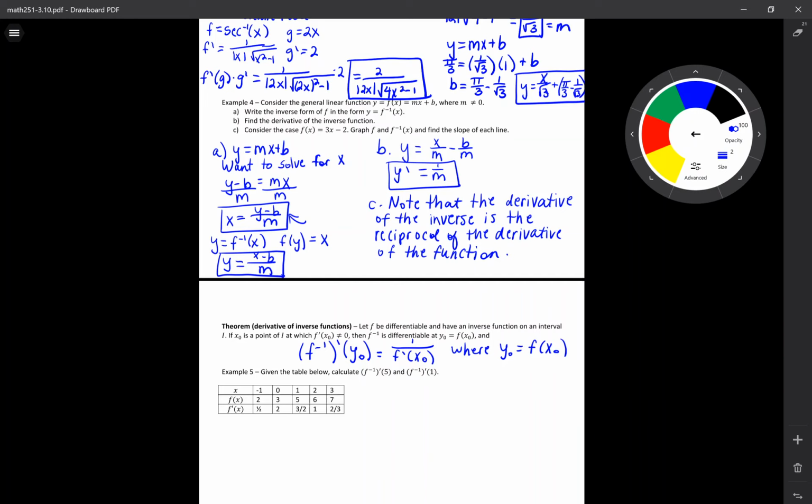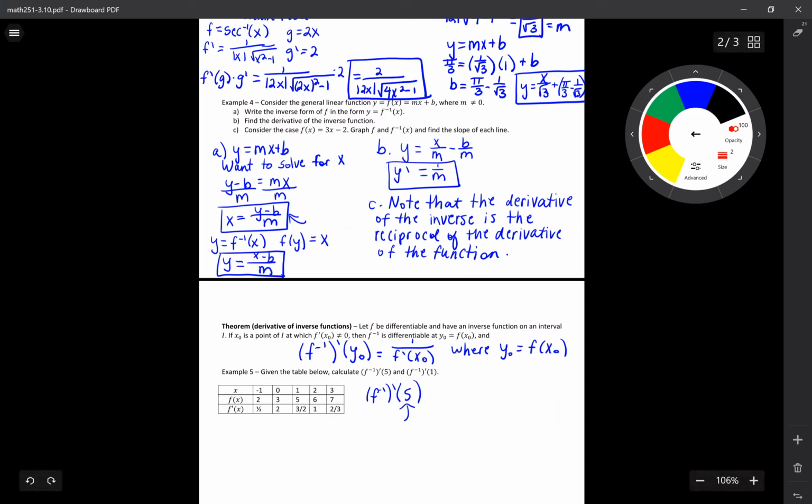So let's use a table here to calculate f inverse prime of 5 and f inverse prime of 1. If I want to take f inverse prime of 5, that's all good and dandy, but I need to see which x value this 5 relates to.